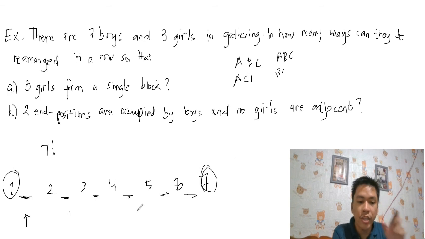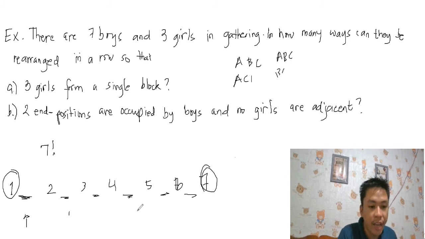And also, you cannot select spaces such that girls will be adjacent, because it says here that no girls are adjacent. So no girls shall be together in a certain place. If a girl is placed here, you cannot put another girl here. So you can go only for the other spaces.